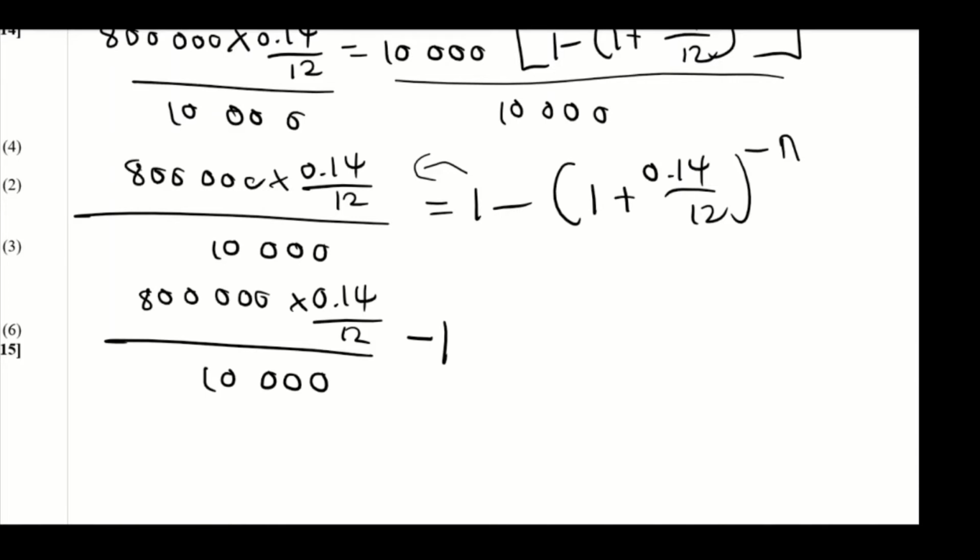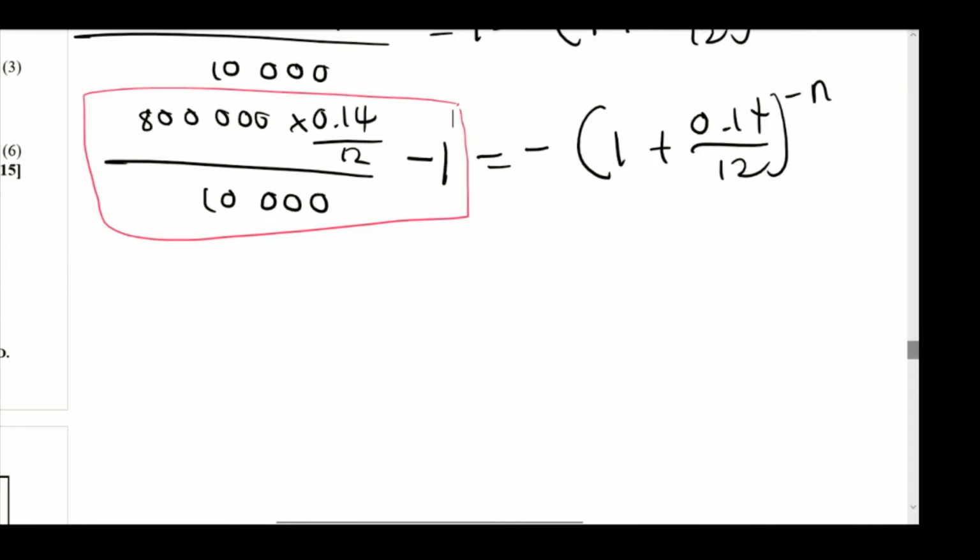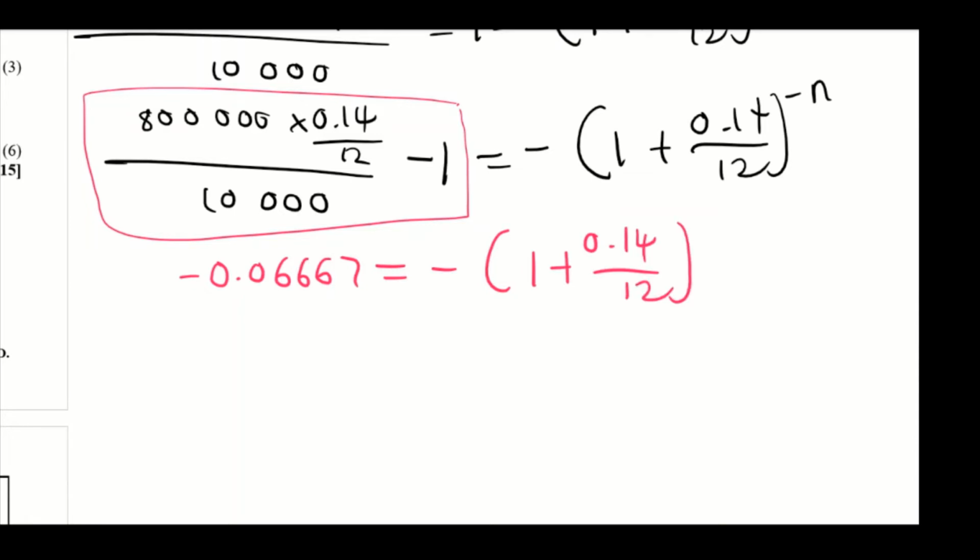Then from here you punch this value in your calculator. In my calculator I'm getting minus 0.06667, equals minus into 1 plus 0.14 over 12 to the power minus n.